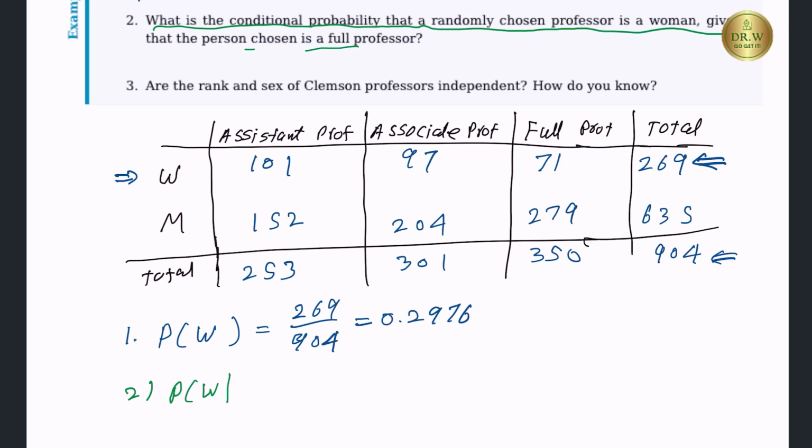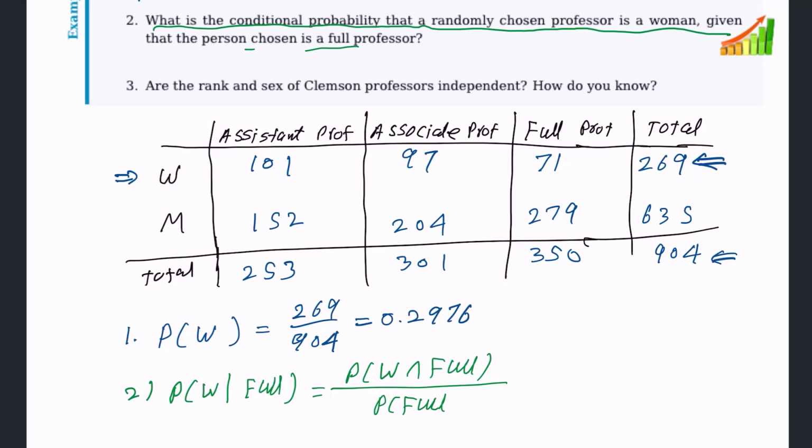But there is a condition: given that the person chosen is a full professor. So I say full. How do we find this? We know according to the equation, probability of W and full divided by probability of full.